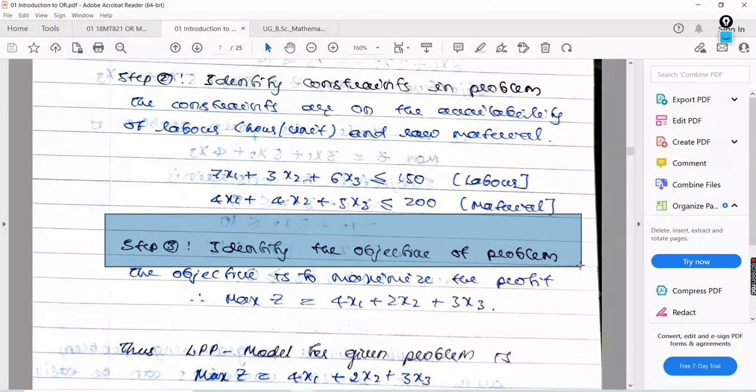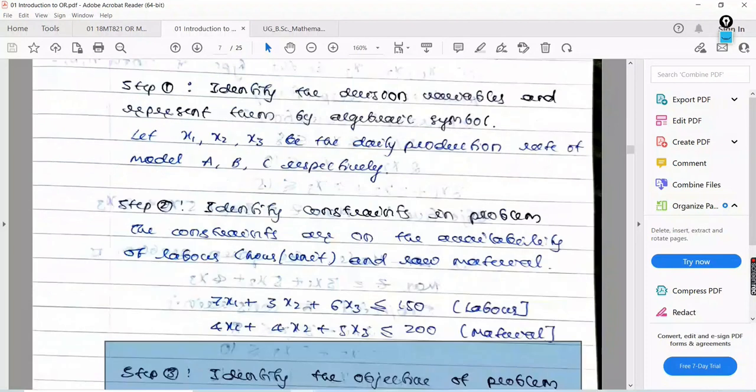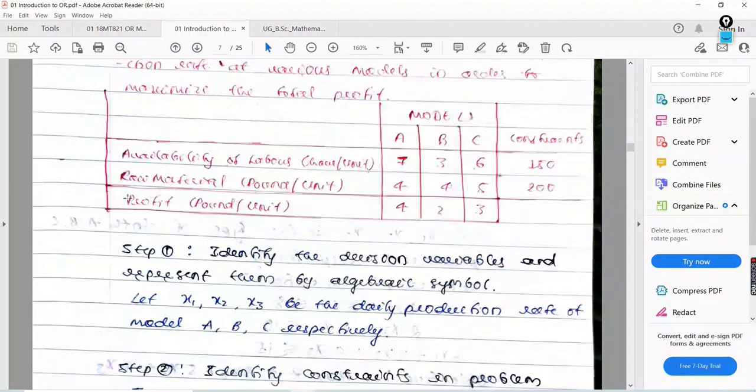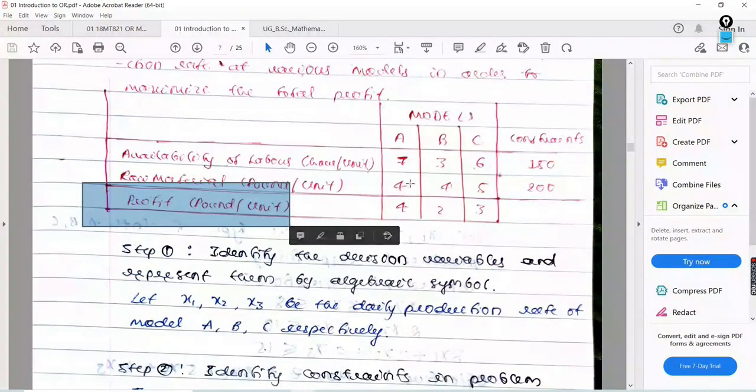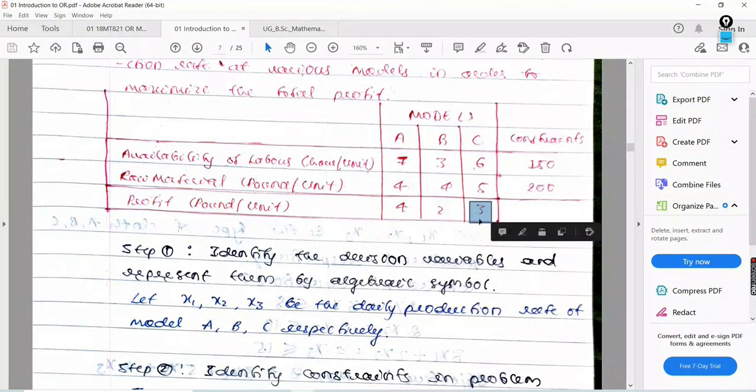Okay, the objective is to maximize the profit. What is maximization? Here, I need to increase the profit they have defined. Model A should be 4 pounds, then model B should produce 2 pounds, then model C has to produce 3 pounds.